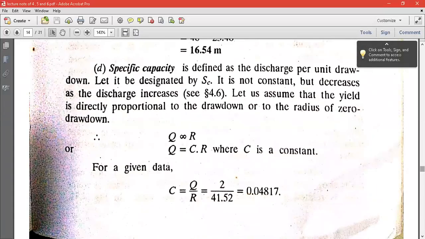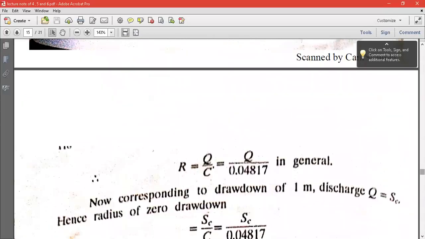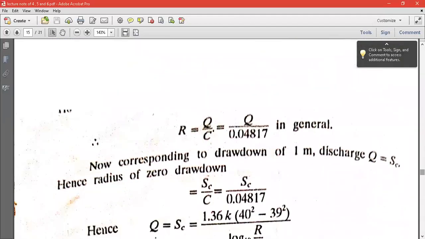And 41.52 is R, that also we have calculated. So knowing the value of Q and s, the C value can be obtained. Now s is Q by C, so s equal to Q divided by C in general.